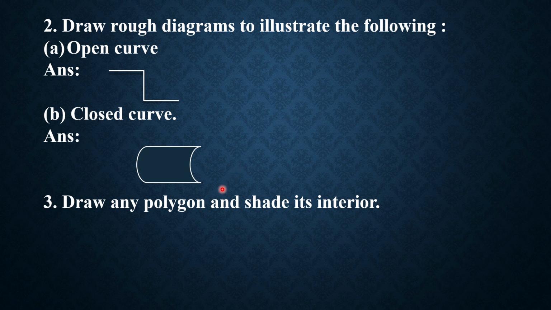A curve, open or closed, which has only line segments is known as a polygon. A triangle is a polygon. A polygon must have at least 3 line segments, and that is nothing but the triangle.